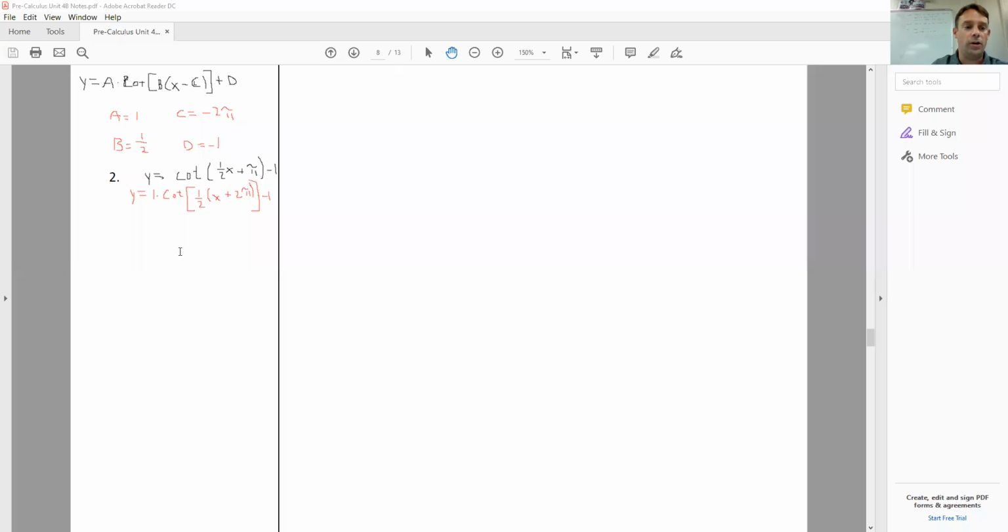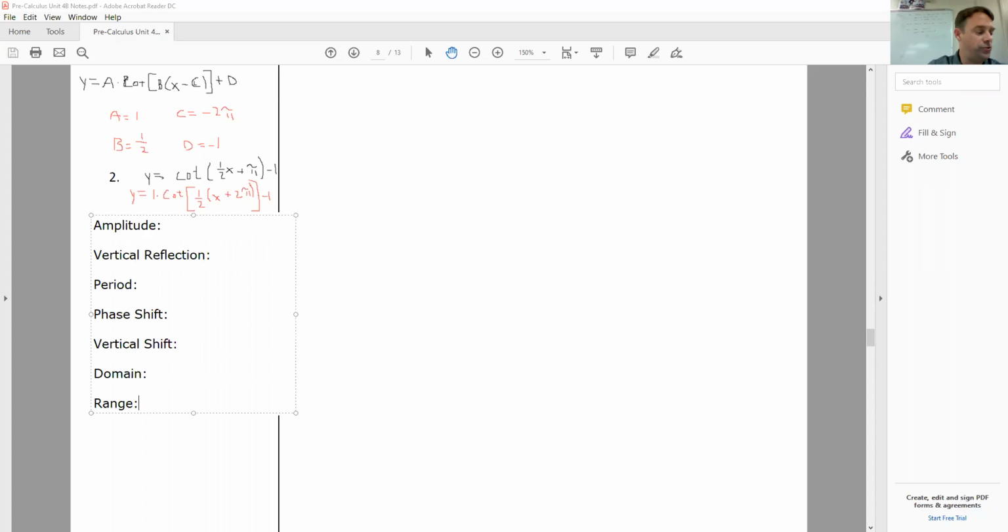And then we can go through and write all the stuff that we have to find again. Oh, my personal favorite, amplitude, vertical reflection, period, phase shift, vertical shift, domain, range, and then even, odd, or neither.